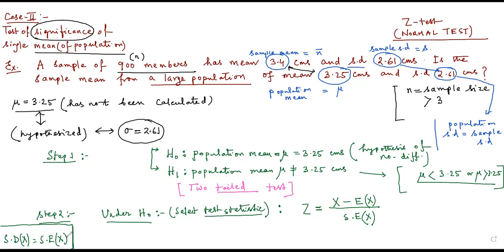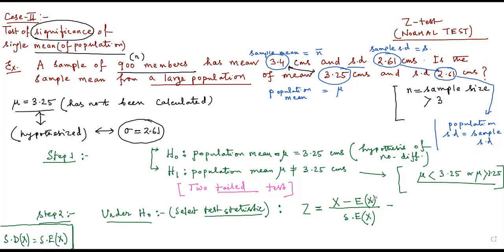Because whenever we declare something about the population, every assumption is associated with some sort of marginal error, and that marginal error is characterized by standard deviation of x. By the way, this chapter of estimation theory is not there in your syllabus, so I'm not getting into the details of that.